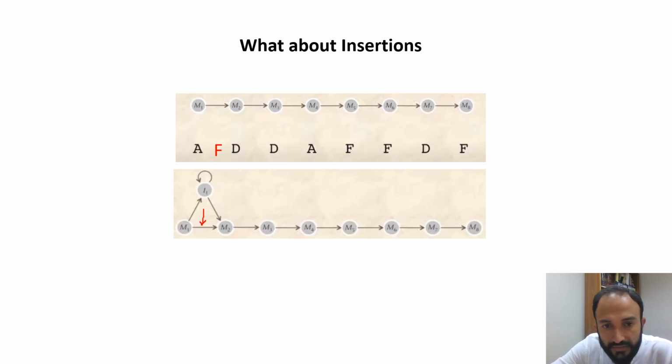So we add another insertion state here, and there's a probability of M1 moving to I1 with an insertion, then a probability of moving from I1 to M2, and also a probability of again having an insertion at this site.